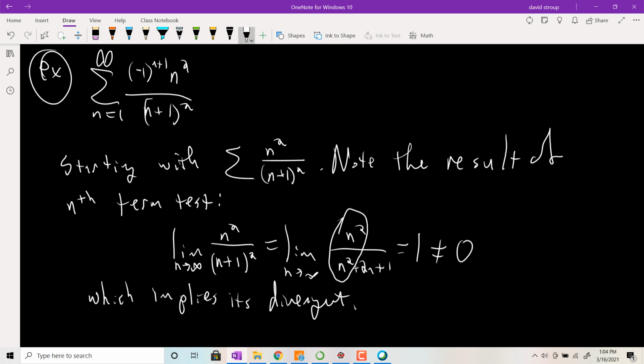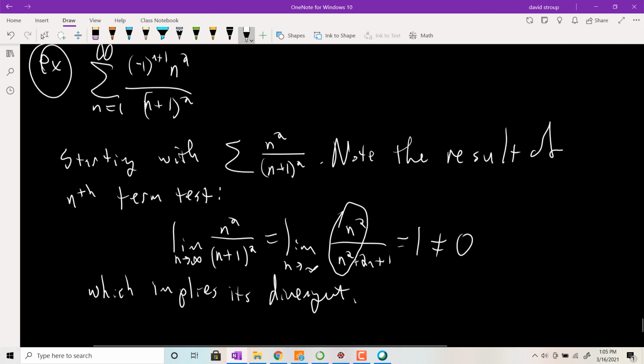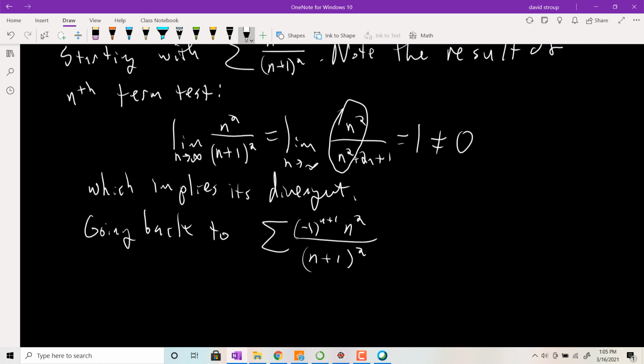Okay. So from here we need to talk about whether it's conditionally convergent. So we go back to the original series: the series negative 1 to the n plus 1 times n squared all over n plus 1 squared. Going back to this thing, we note it's alternating.